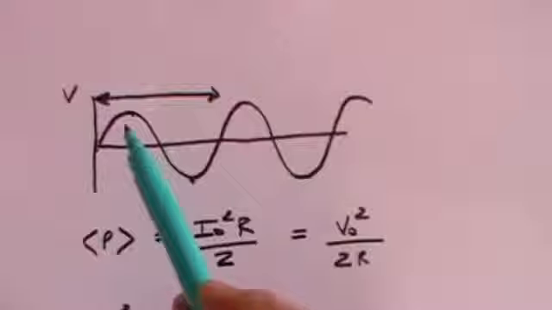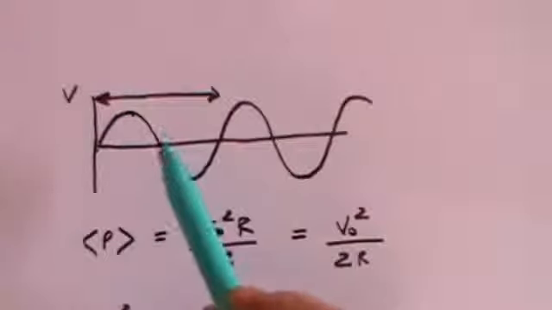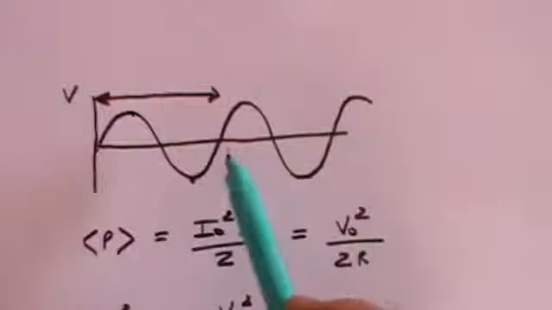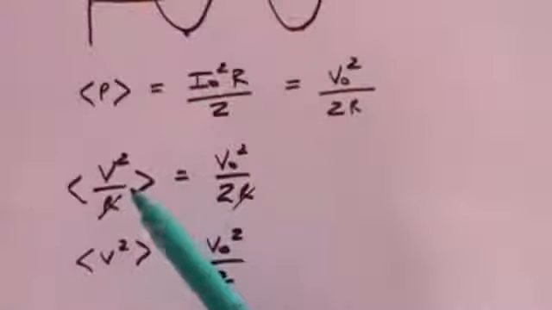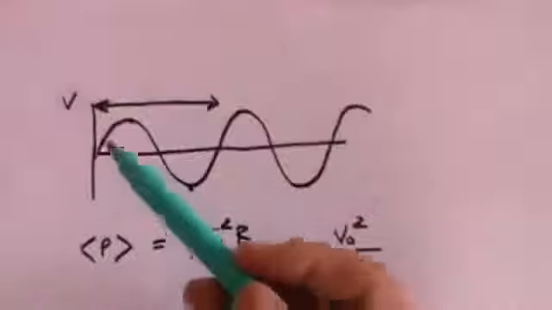What we mean when we talk about the average voltage is that, of course, the voltage coming out of the wall is always giving you some power, and that power is the equivalent of this voltage. We derived it from the power term. So it's the voltage that effectively gives you that power. If instead of having a variable voltage, you had that as a direct current voltage, then it would produce the same amount of power.